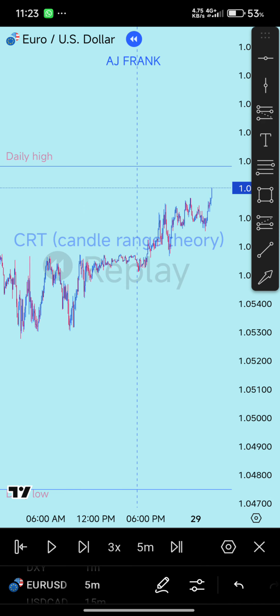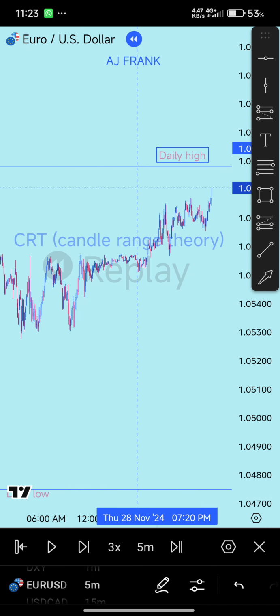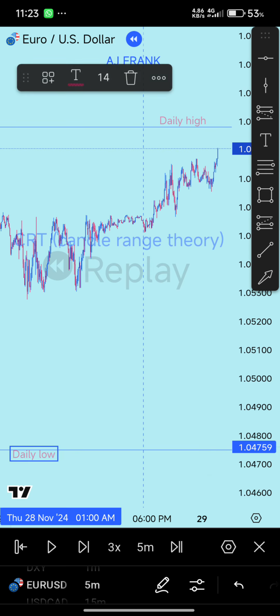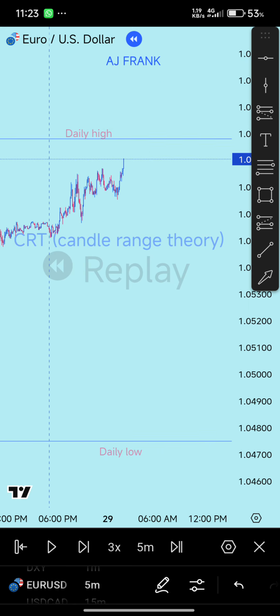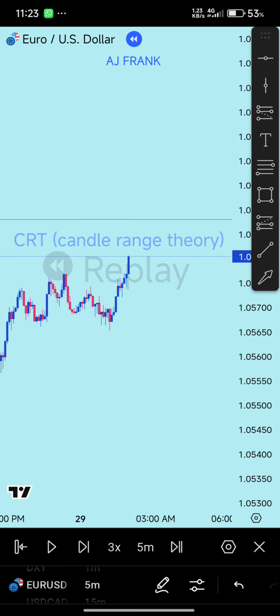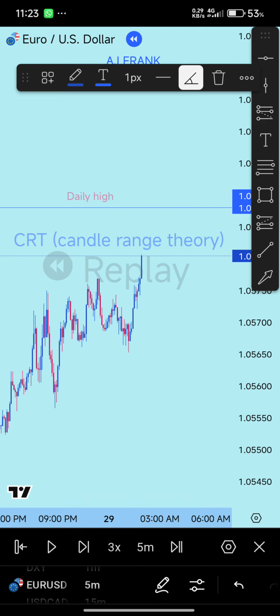Also, the best thing is knowing how to get entries. So this is that daily high, and this is our daily low right here. So let me zoom it a bit. So this is our daily high right here, this line.